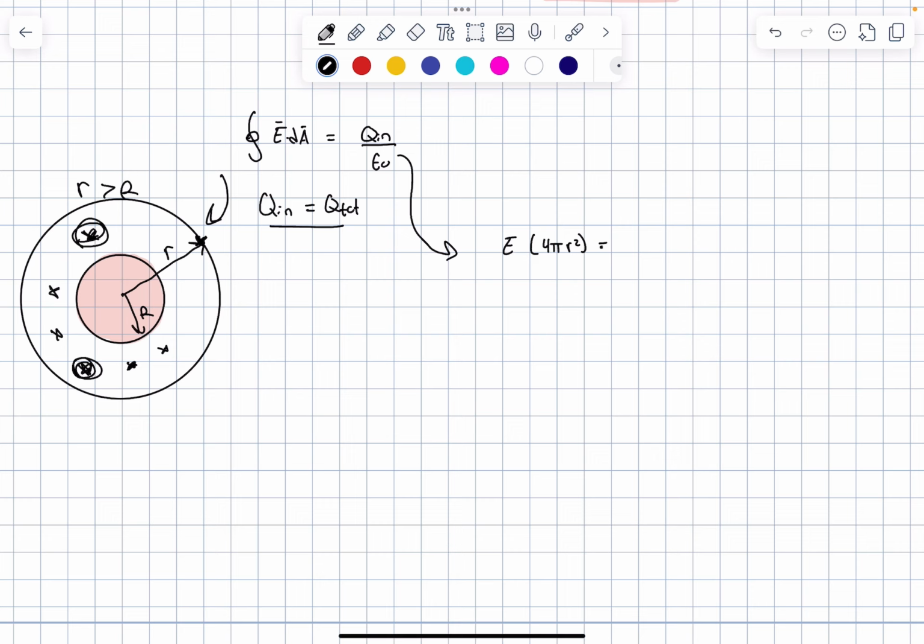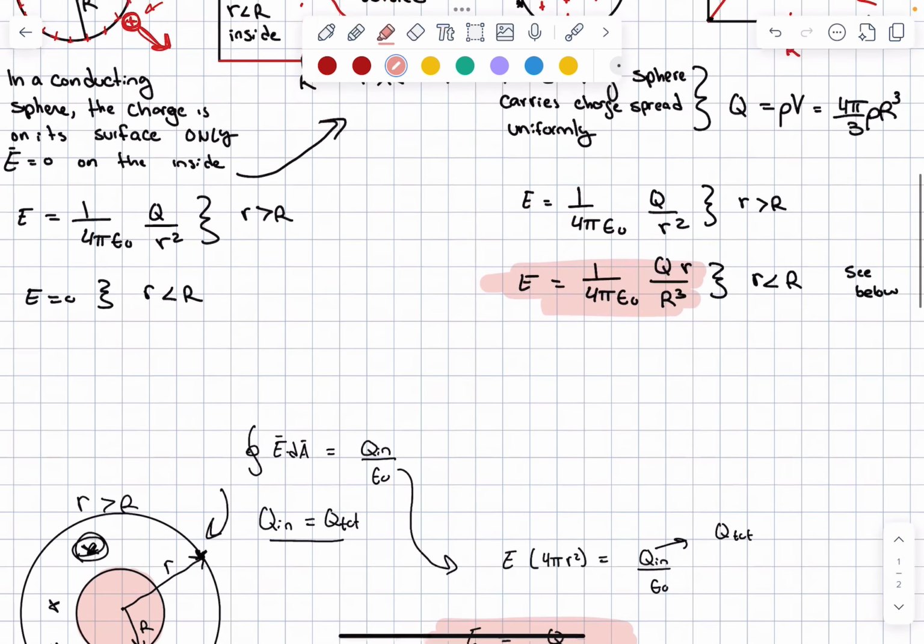And this is equal to Q in over epsilon naught. Q in here is just Q total. So that means my electric field is equal to Q divided by 4 pi r squared epsilon naught. And this is what we have up here, right?